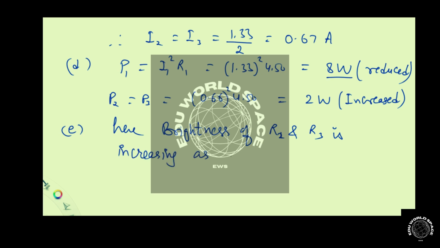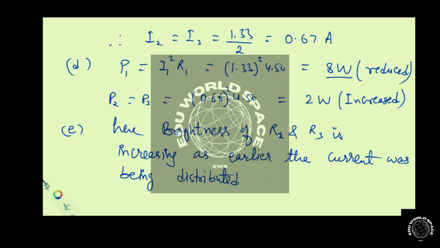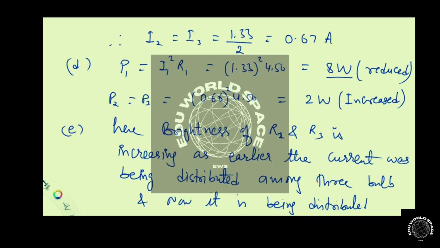The reason is that earlier the current was being distributed among three bulbs, so a lesser amount of current was passing through each bulb, and now it is being distributed among only two bulbs.